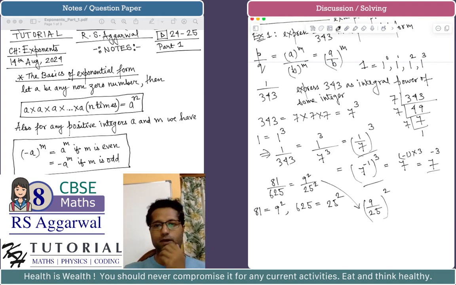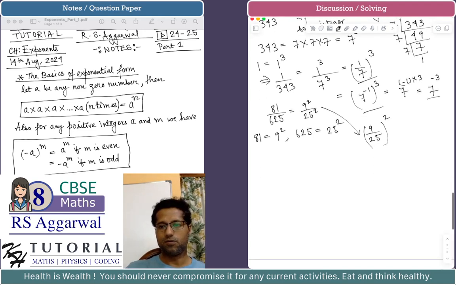That is, if I am expressing p by q as a to the power m divided by b to the power m, where I have expressed p as a to the power m for some number a and an integer m, and q as b to the power m, then this m has to be the maximum possible.